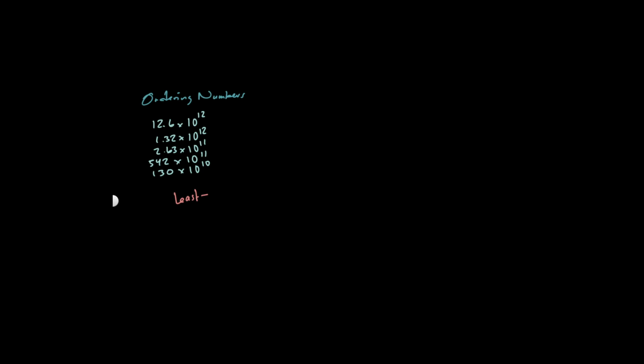We're gonna try to put them in order from least to greatest. To do that, you're gonna want to make sure that all the numbers are written in scientific notation. I'm gonna rewrite them. This one's gonna turn into 1.26 times 10 to the 13. Make sure you just type them into the calculator. It'll be a lot easier.